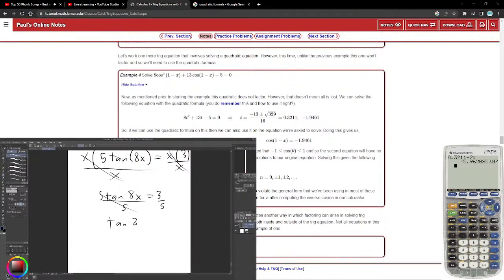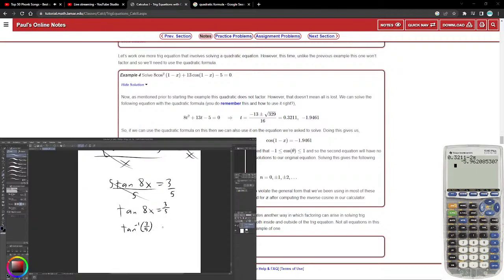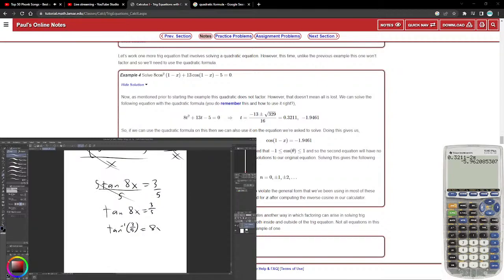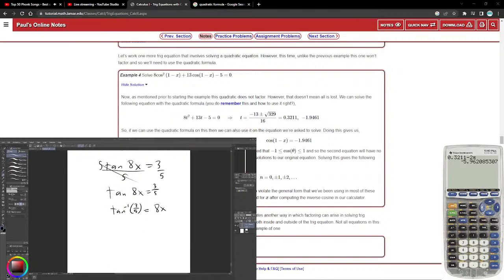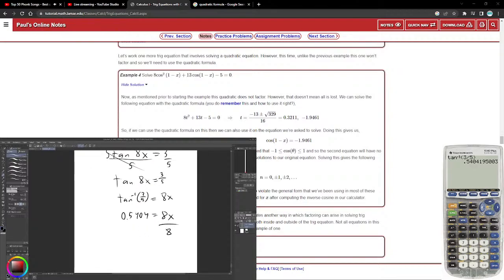Tan 8x equals 3 over 5. Inverse tan of 3 over 5 equals 8x. Three divided by 5, 0.5404 equals 8x divided by 8.